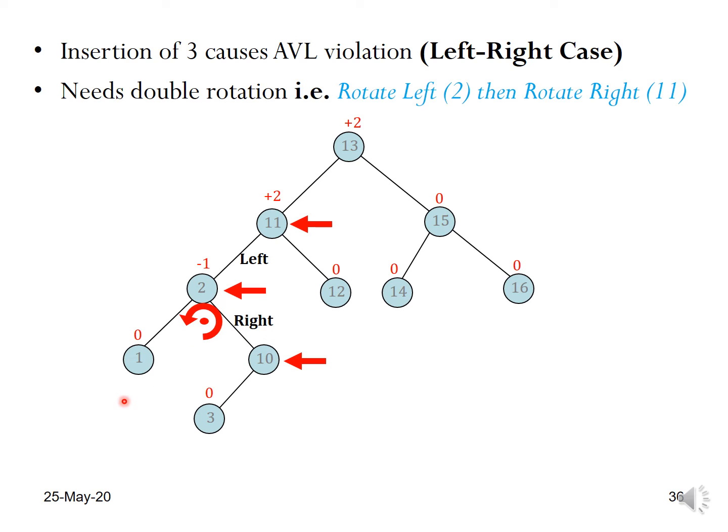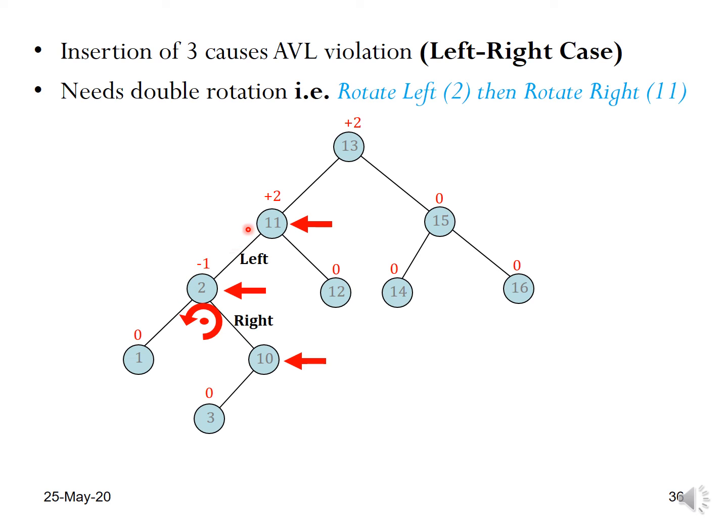First we will calculate the balance factor of all the nodes. The balance factor of all the leaf nodes like 1, 3, 12, 14, 16 is 0, and the balance factor of this 10 will be 1 minus 0, this is plus 1. Balance factor of this 2 is 1 minus 2, this is minus 1.